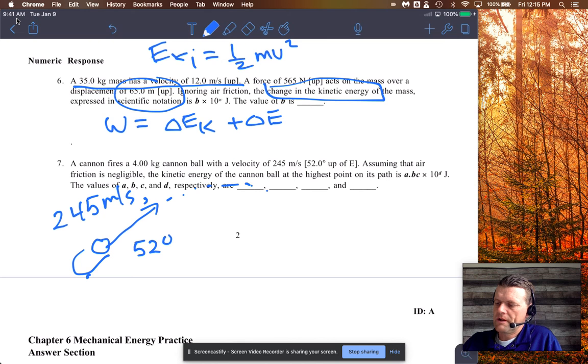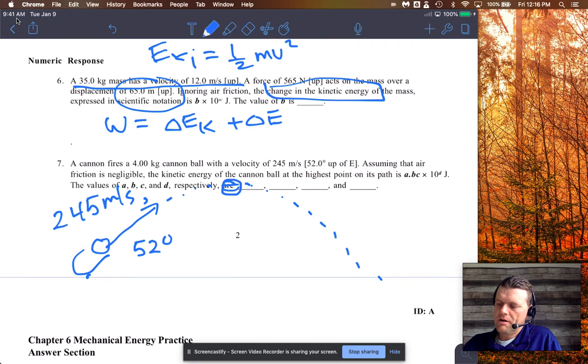So it's going to do something like this. Now, it says assuming air friction is negligible. That's good, that means it's isolated. So it wants to know the kinetic energy of the cannonball at its highest point.